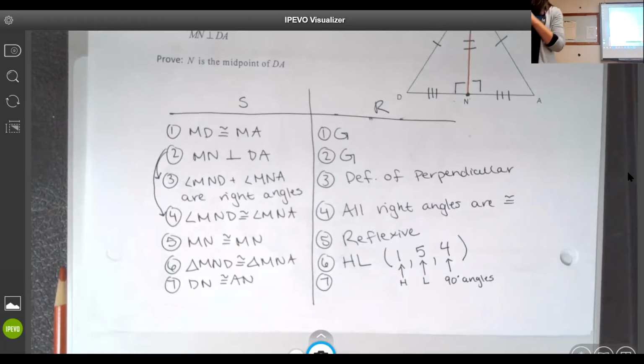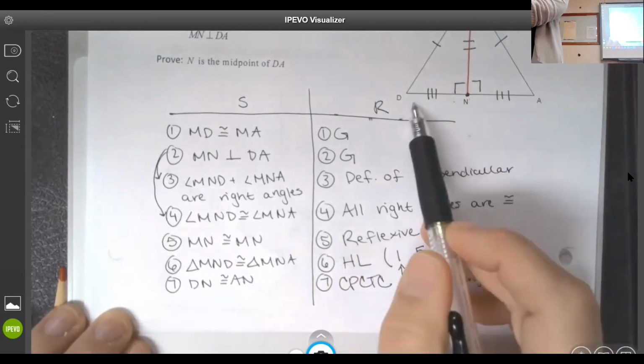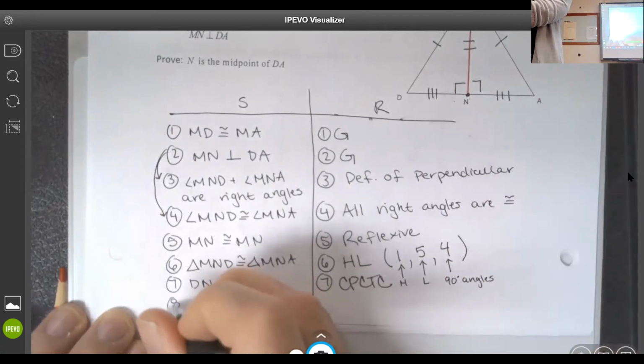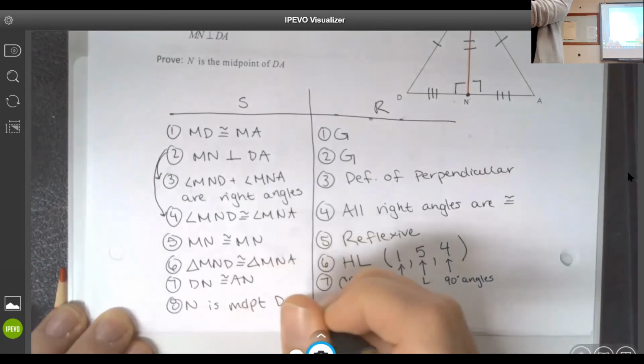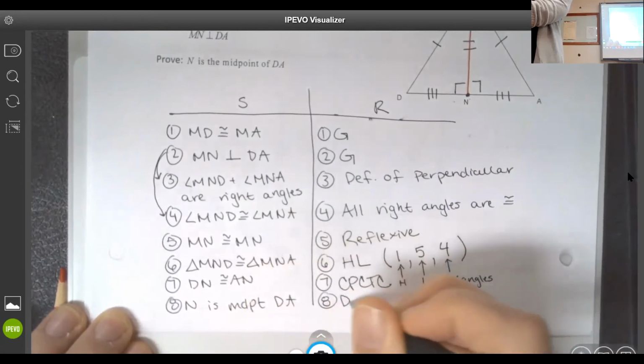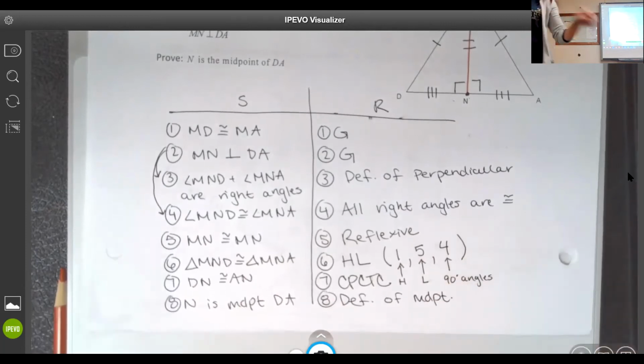So if we're listing a part afterwards, we can say CPCTC. And if those are congruent, well, then I can say that N is the midpoint. It's like going backwards with that definition of midpoint. Okay, this time, since I know those lengths are congruent, then I can say it's the midpoint. That's the definition of midpoint. Okay, flipping that around a little.